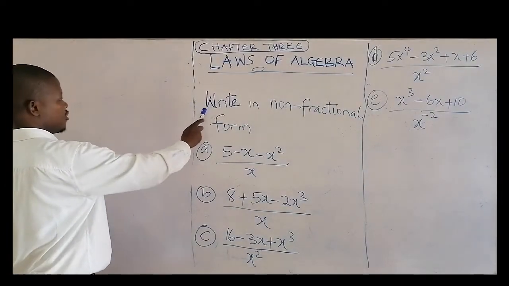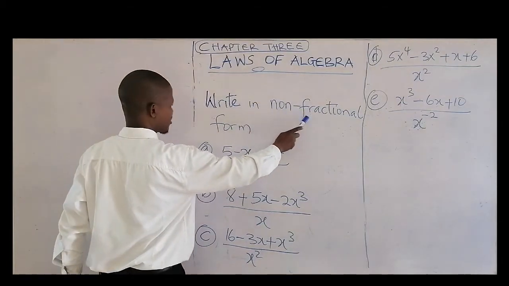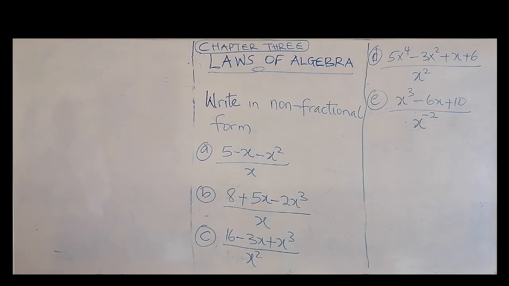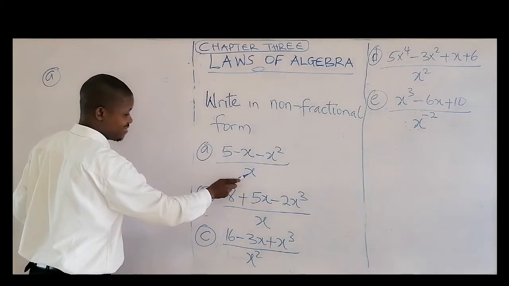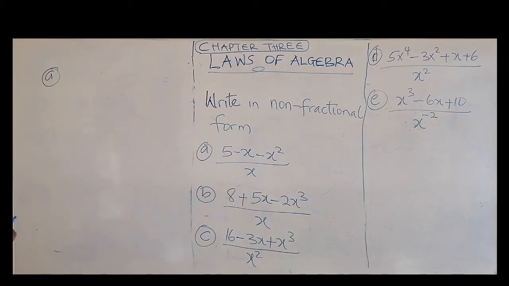We have the following questions, in non-fractional form. For the first one, if you look at the question, you see that it has a numerator and a denominator, and that is what we call a fraction.